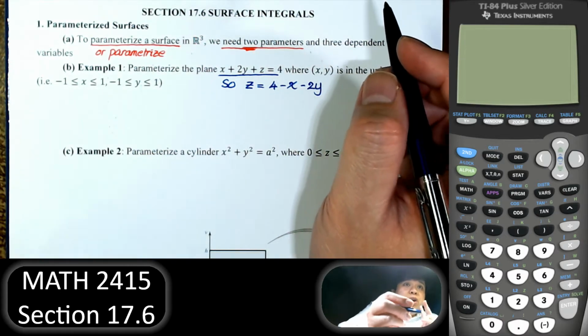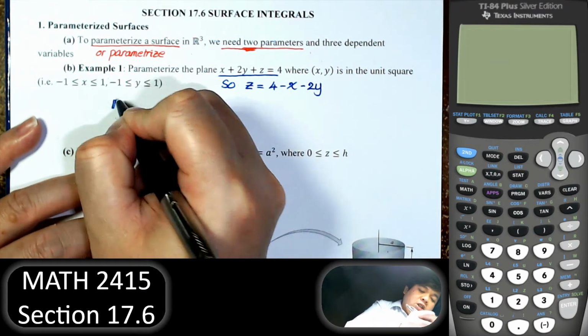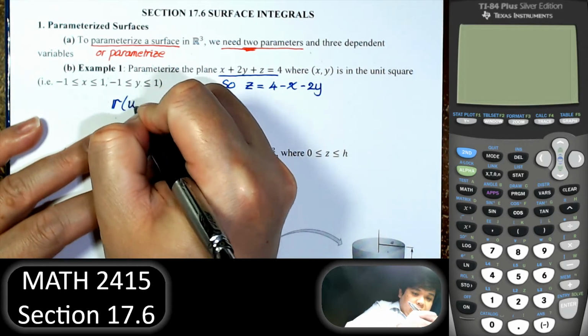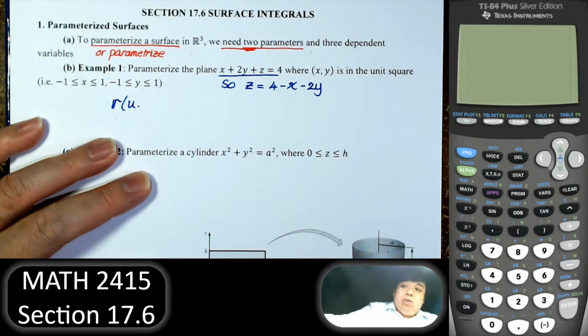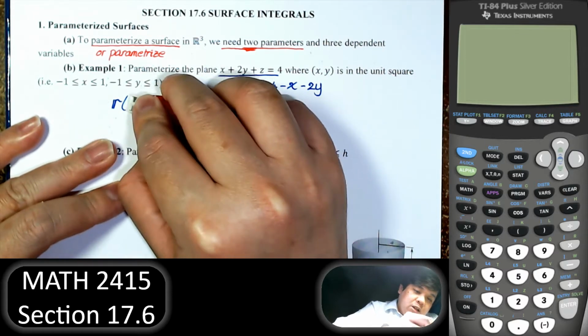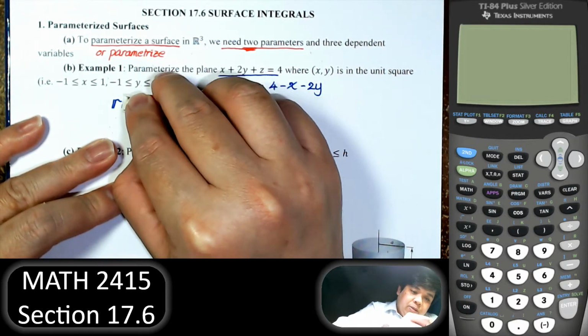If we need two parameters, we can parameterize the surface as follows. Of course, you can just keep x and y, because here we have the limits for x and y. So that's the perfect way.